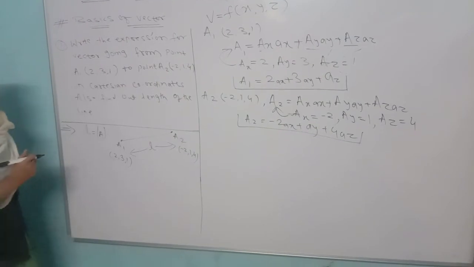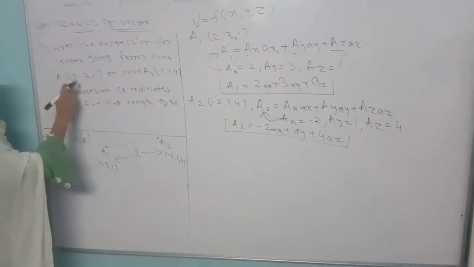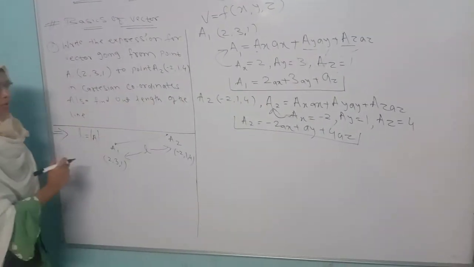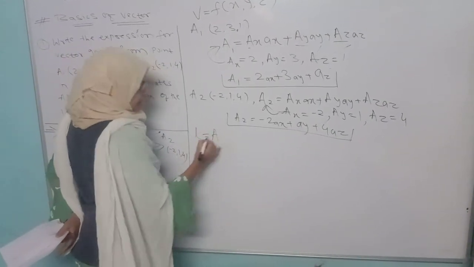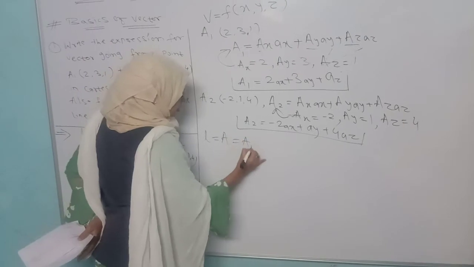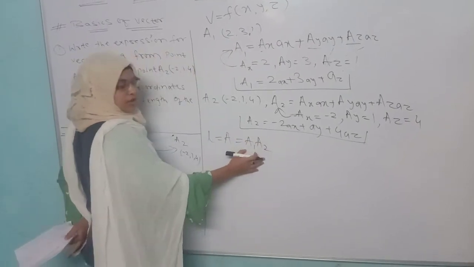What is our question? The question is to find out the length between the points. If I say the length L, that may be represented in the form of A, by looking at A1 and A2.